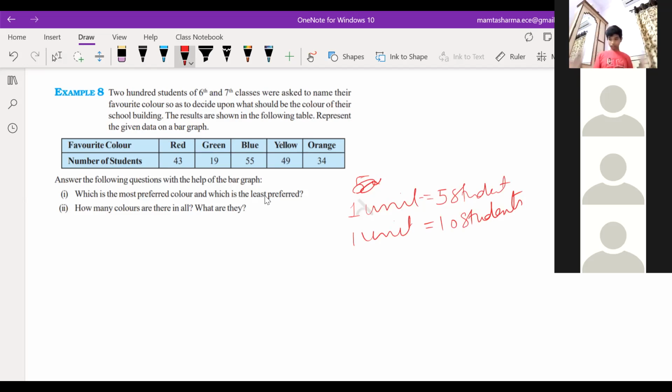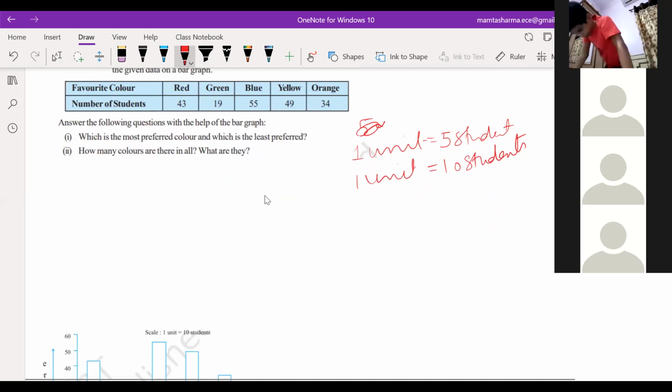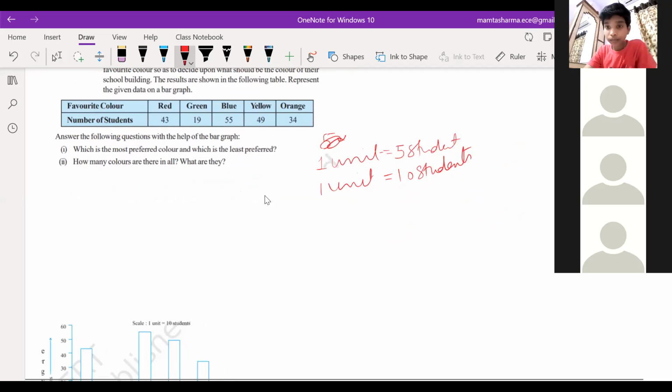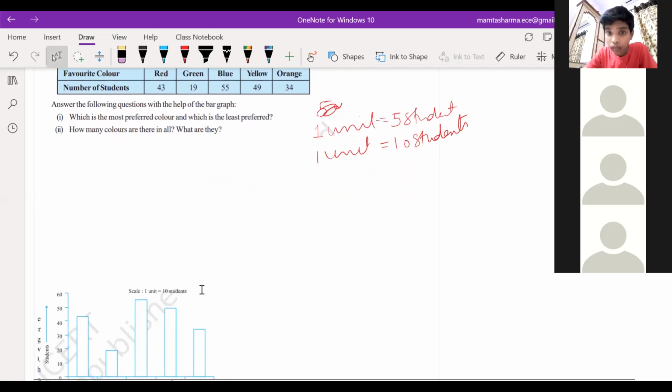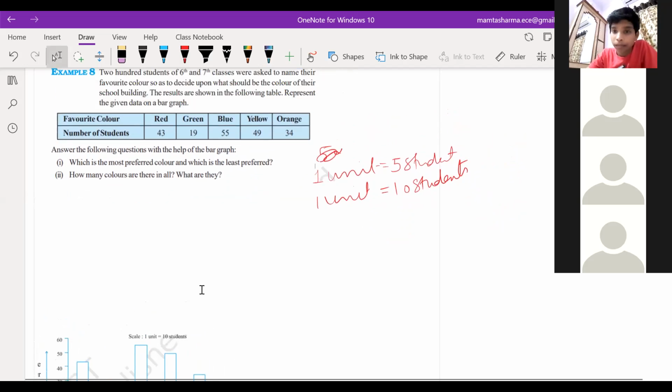Plot it. Everybody has to plot, and then tell me the answer: which is the most preferred color and which is the least preferred. If you have to plot a double bar graph, will you color that graph?